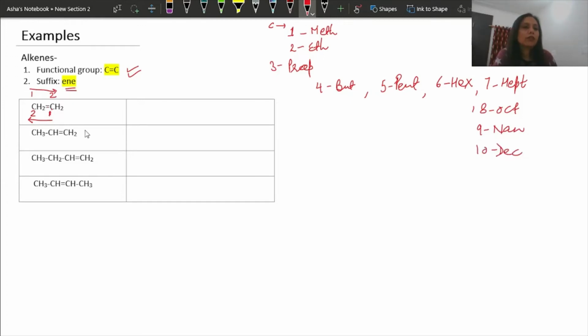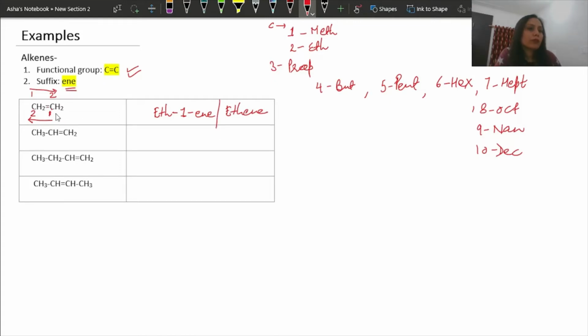Okay, so here the total number of carbon is 2, so we will write eth. Now with 1 carbon we are attaching the double bond, so ene. Generally 1 is not shown, so it can be named simply as ethene.